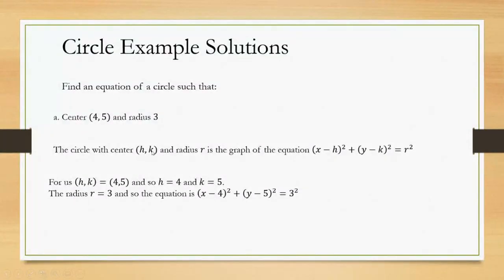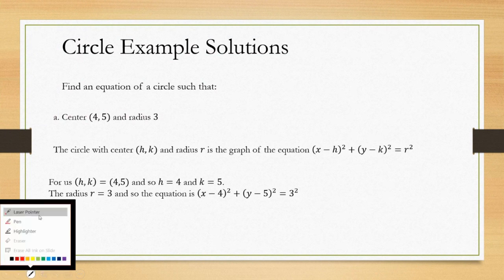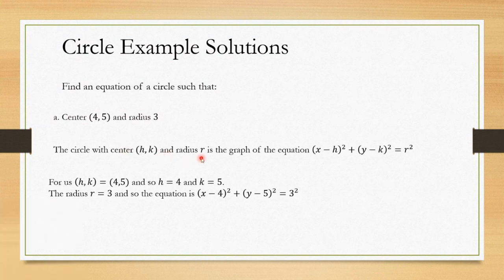So again, it's really kind of like what we saw before, right? We have the center. I rewrote this here. The circle with center (h, k) and radius r, that circle is the graph of this equation.